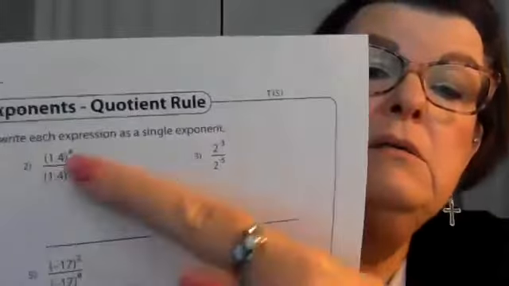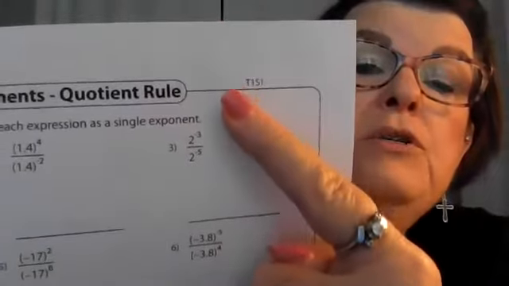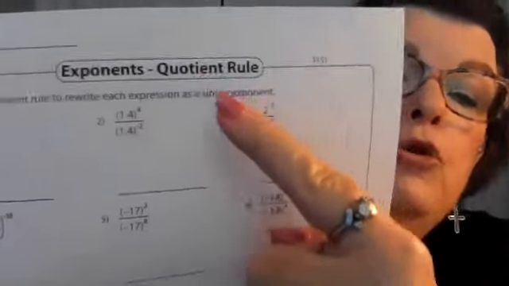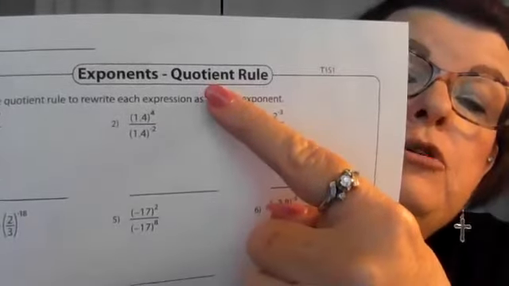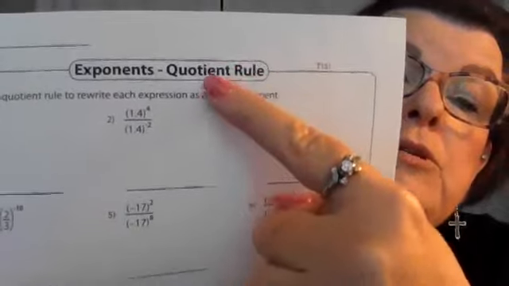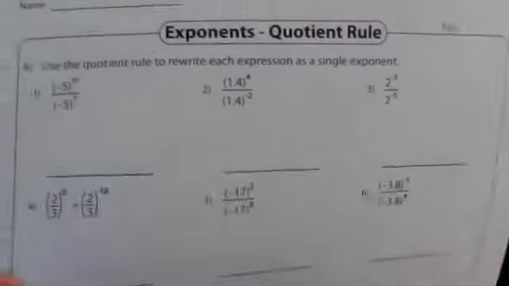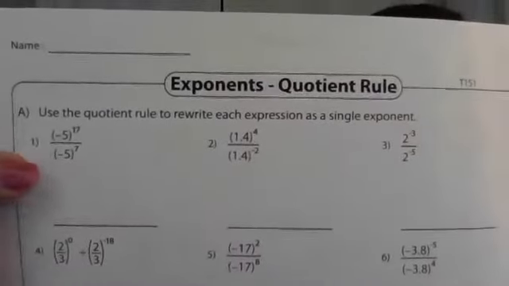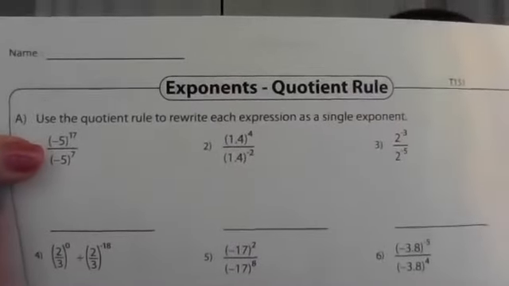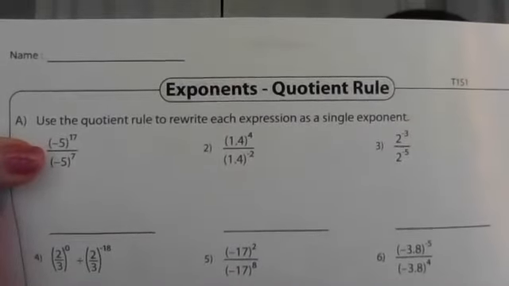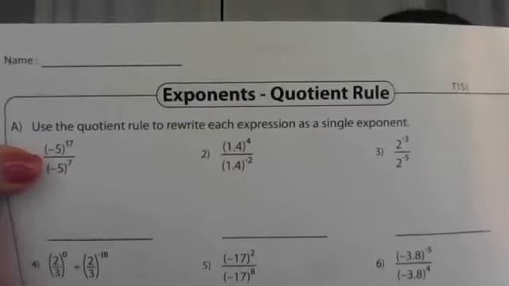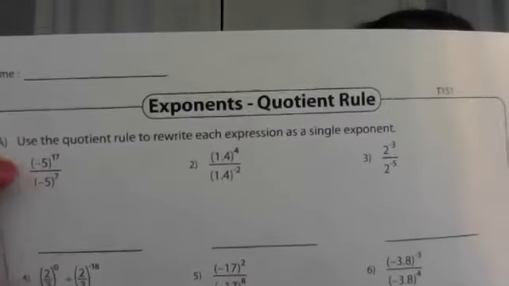Here we go. This is the one that says T1S1, the quotient rule. Quotient is the answer to a division problem. That's why they're saying the quotient rule. So look at number 1. If you notice, the bases are exactly the same, okay? Which means I don't cancel those out.